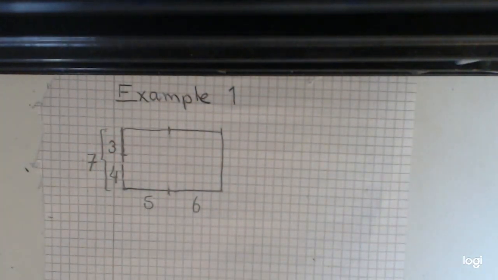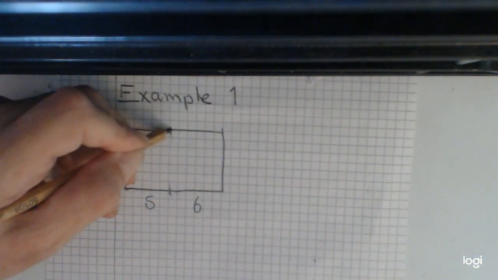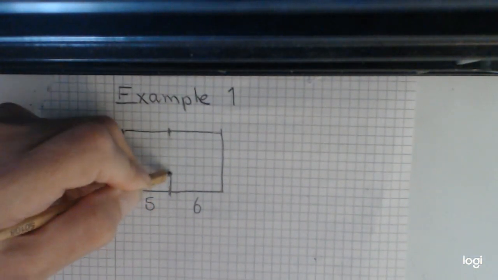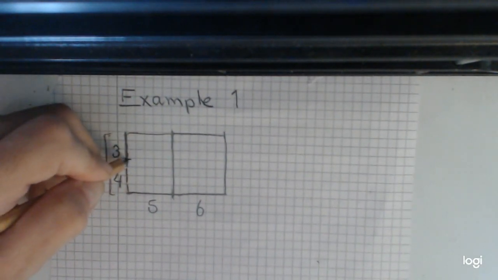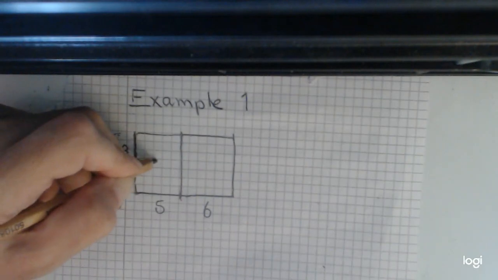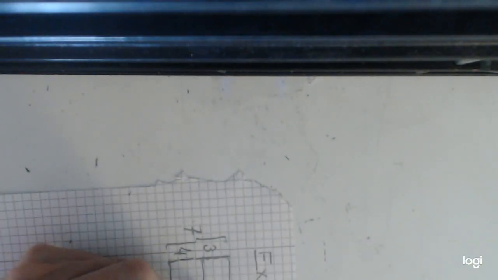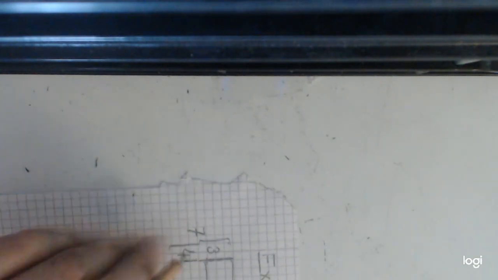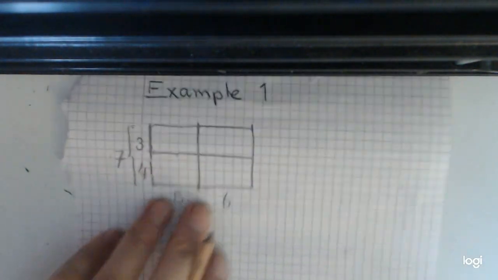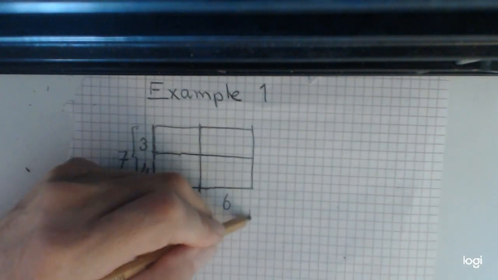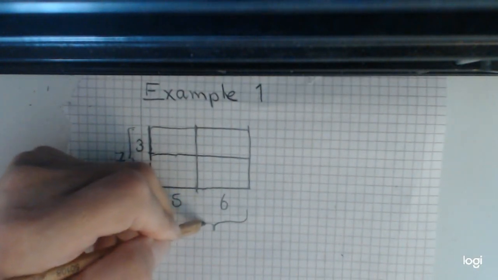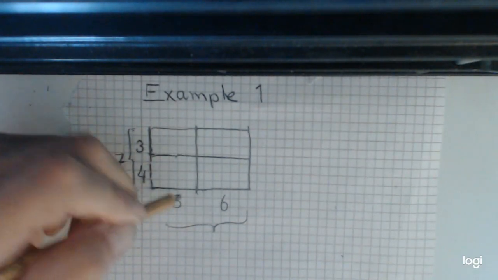So you see that we can divide this rectangle in 4 sub-rectangles. This side is 7 and this side is 11.